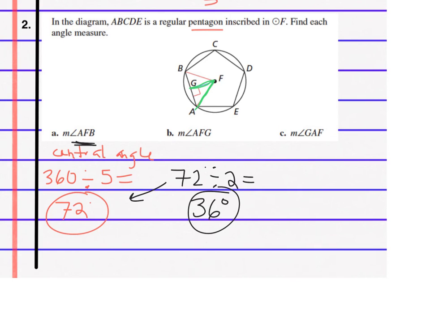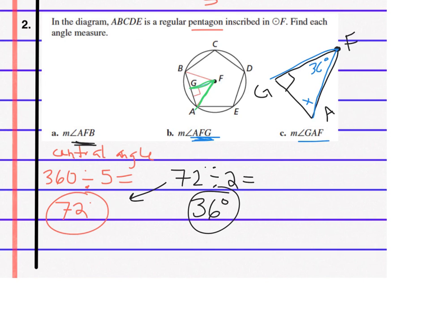All right, for C, we are looking for angle GAF. So I'm going to actually just draw part of this triangle here. So here is G. Here is my center at F, and here is A. We are trying to find GAF, so we are trying to find X. Okay, we do know from part B that angle AFG, we know that that is 36 degrees.